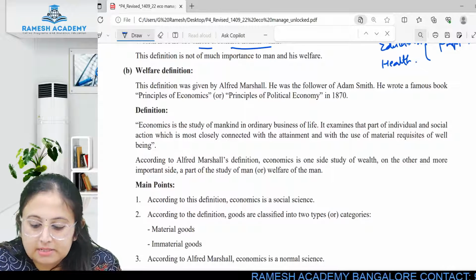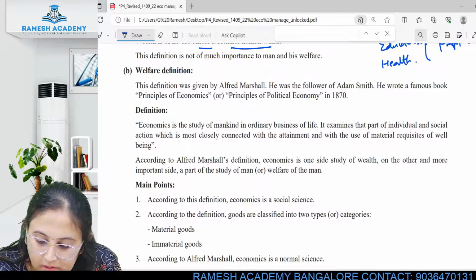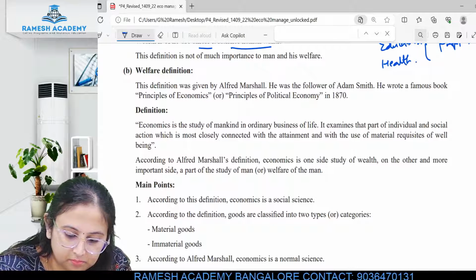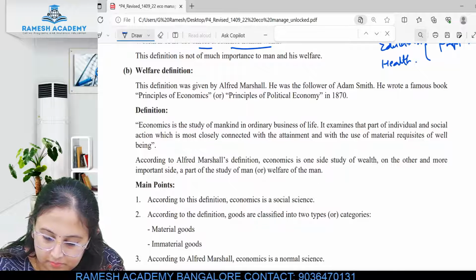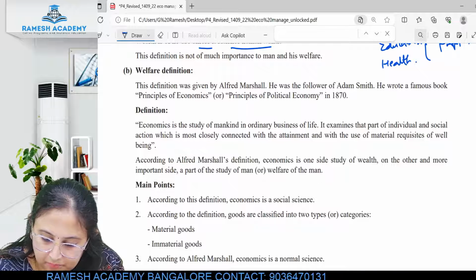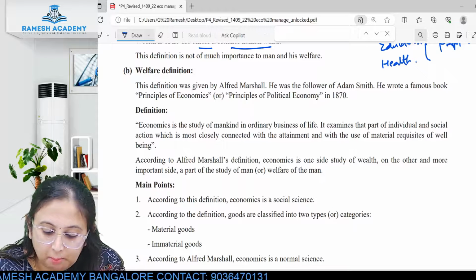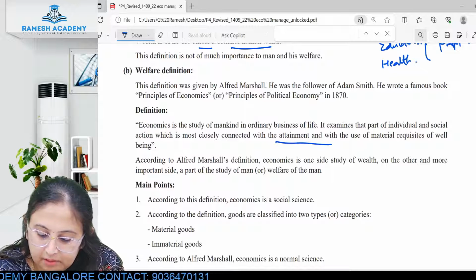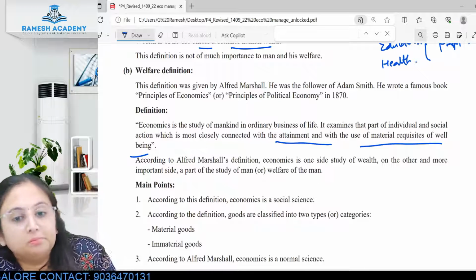It examines that part of individual and social action. See, he is concentrating on the person. Individual and social action which is most closely connected with the attainment and with the use of material requisites of well-being.